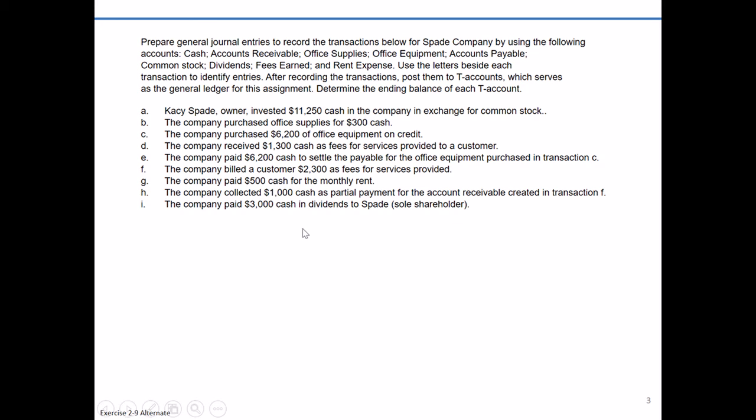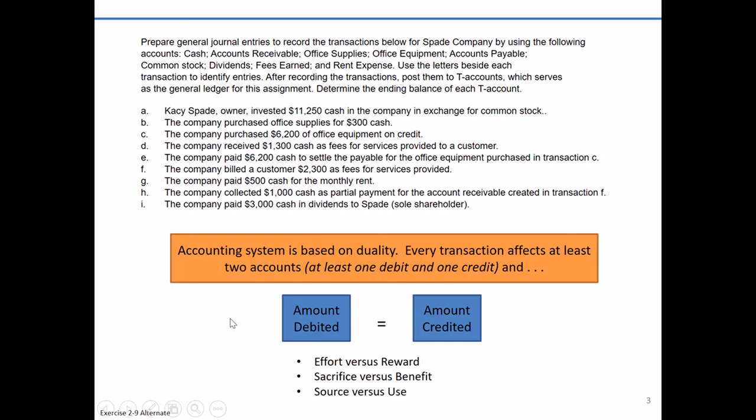Also, before we jump into our journal entries, let's make sure we keep in mind, and this is a tricky concept to get down at the beginning with accounting, that accounting is based on duality, or what's called a double entry accounting system or double entry records. Some things we have to keep in mind is every single transaction is going to affect at least 2 accounts. Now, it could affect 3, it could affect 100, it could affect 1,000, but at least 2.